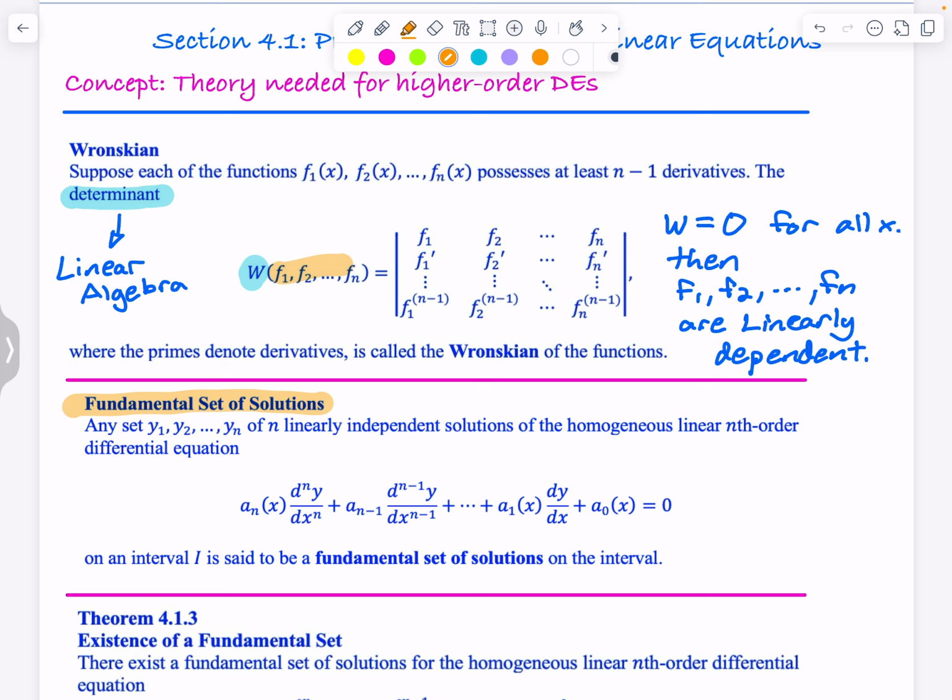Any solution to that diffie-q I can create from a linear combination of these solutions, as long as they are linearly independent. If they are linearly independent, then they are the fundamental set of solutions on the interval. Fundamental set of solutions means all other solutions can be made from that set of solutions.